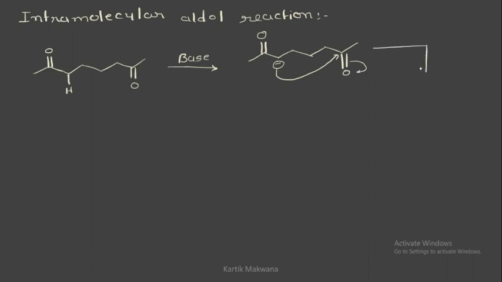Now, here an oxygen ion will be formed, which after the reaction with H2O will be protonated, right? So we will get the 5-membered ring. How? See, it is the first carbon, second, third, fourth, and fifth. Right. So on the first carbon there is a minus charge which is attacking on the fifth carbon.